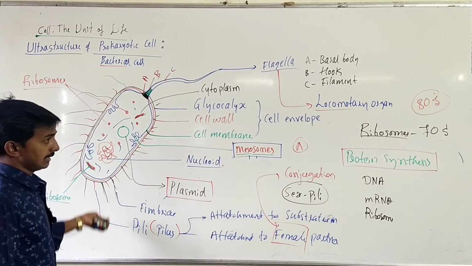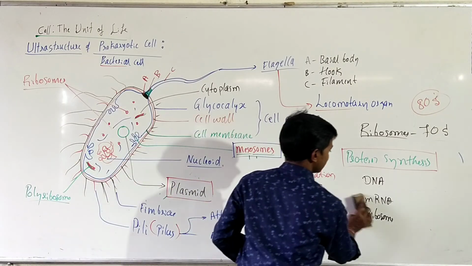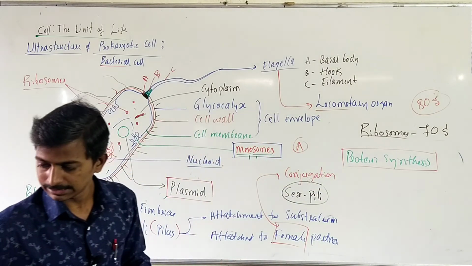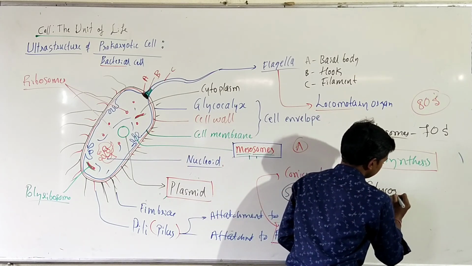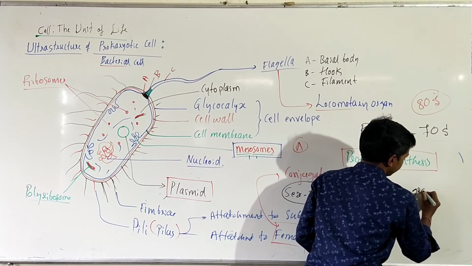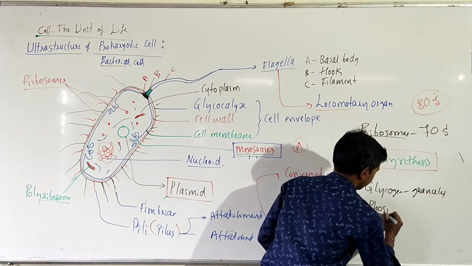Right. Other than this, in the cytoplasm we have many more components, such as reserve food material, such as glycogen in the granules. We have phosphate.